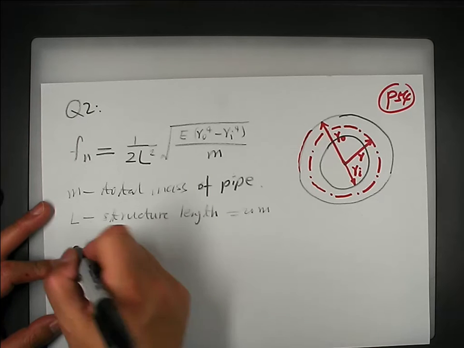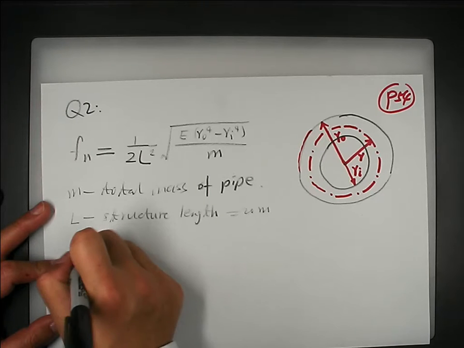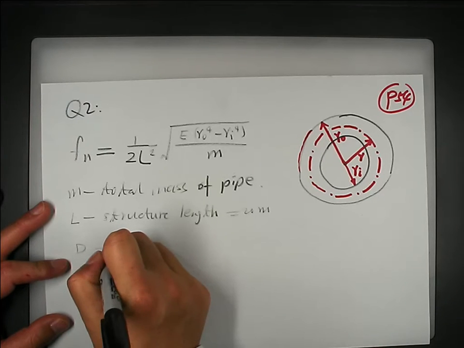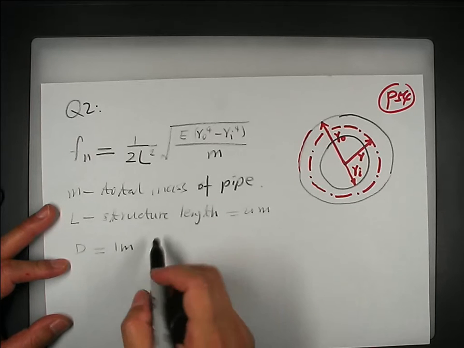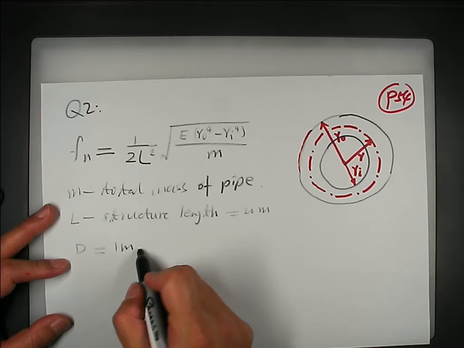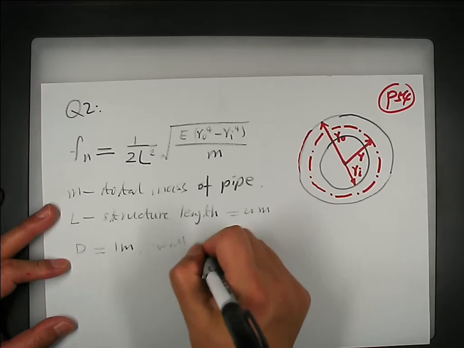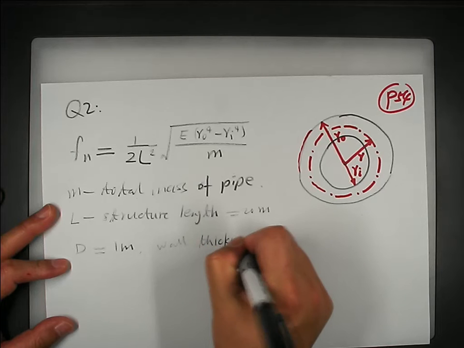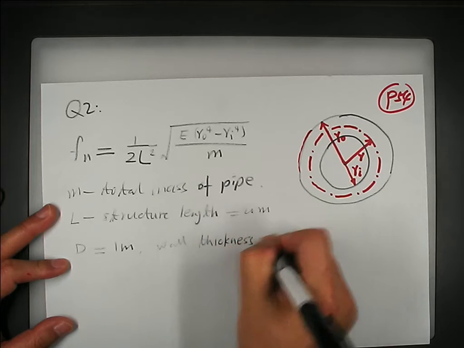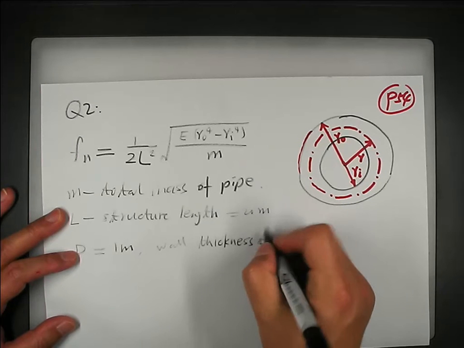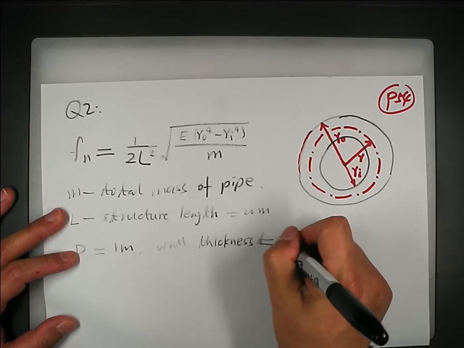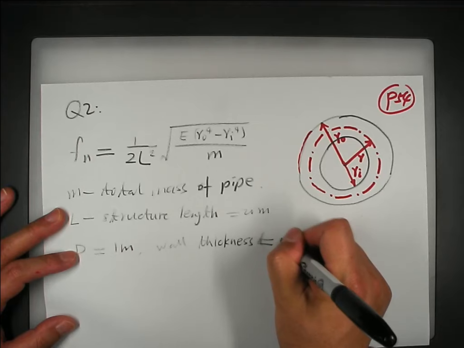The diameter D is equal to 1 meter. So it's not included in this equation. Wall thickness, small d, is equal to 0.04 meter.